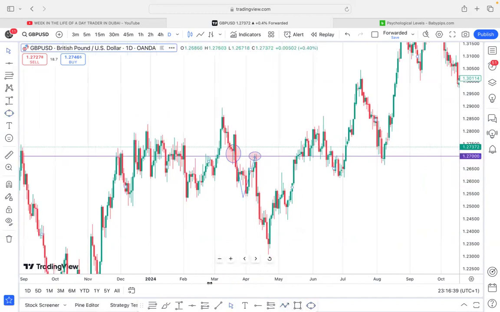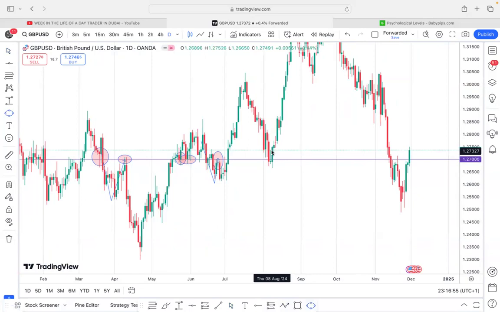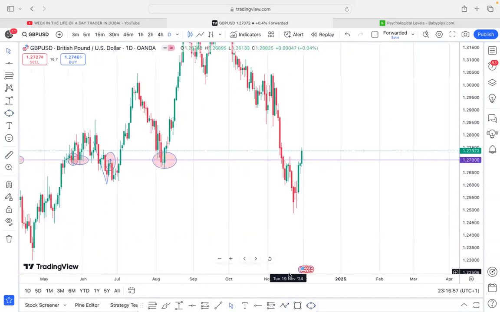When it came here again, it reacted again. Even when it broke it, it tested it again and reacted again. You can see there's always reaction around those levels, even at the current candlestick. That is why these levels are important.